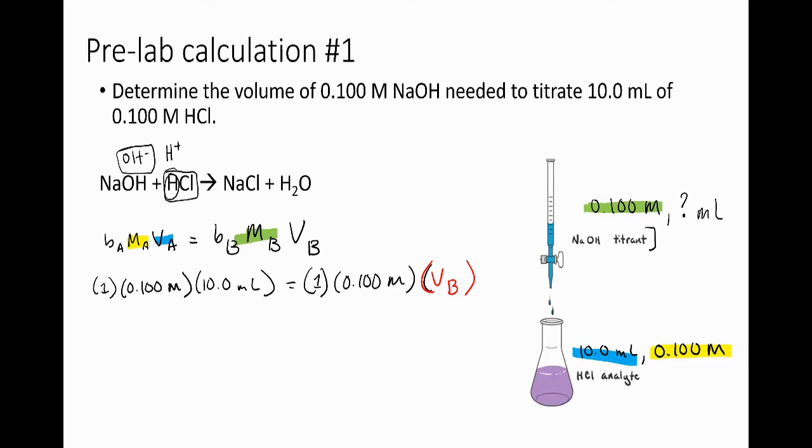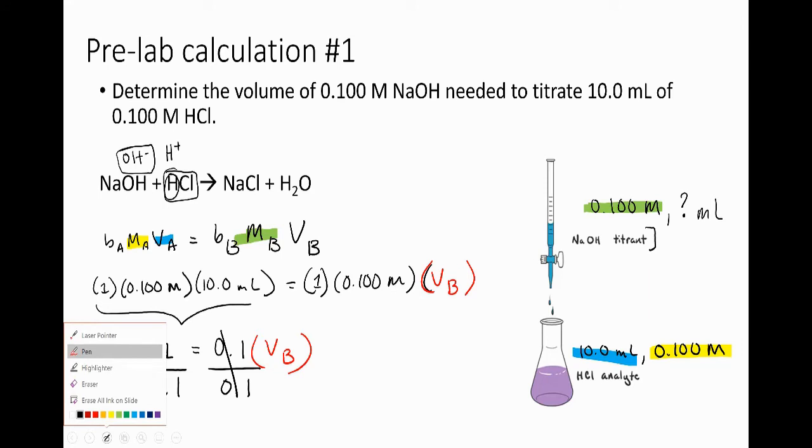So now we just do a little algebra to get it solved. We'll multiply all of these things together on the left. So 0.1 times 10 times 1 gets us a nice answer of 1. And then on the right, 1 times 0.1 is 0.1, and we've still got our VB in place. To get VB by itself, we divide both sides by 0.1.